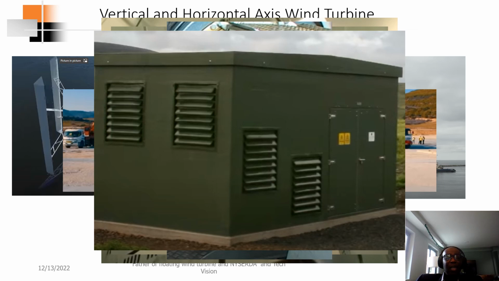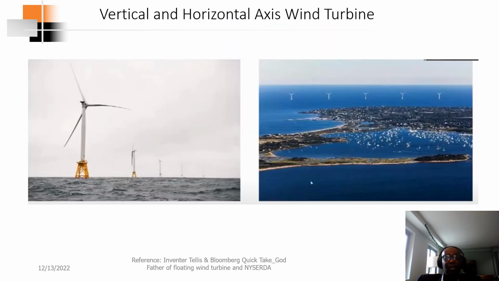So next is how a vertical axis and a horizontal axis wind turbine look. As you can see over here, this is a horizontal axis wind turbine, located at, I think, one of the northeast coast cities.